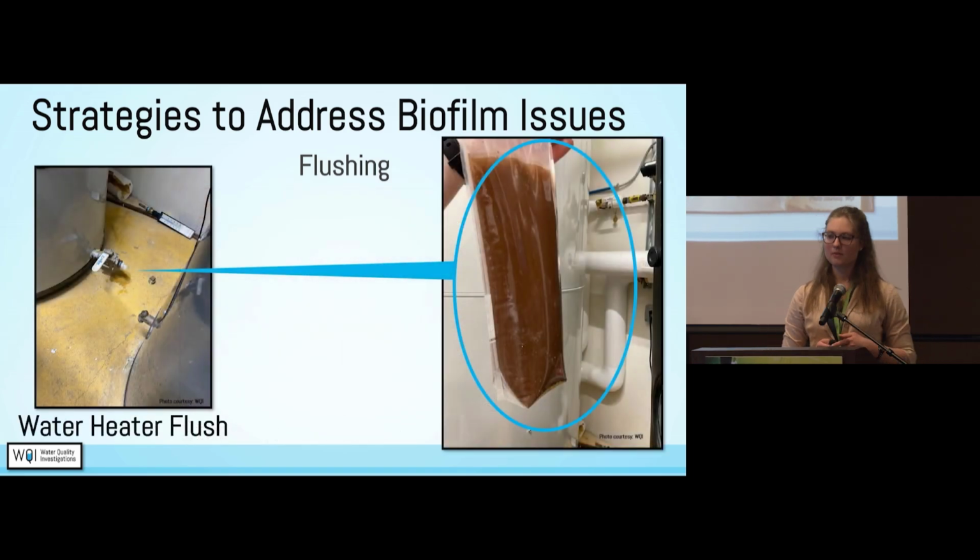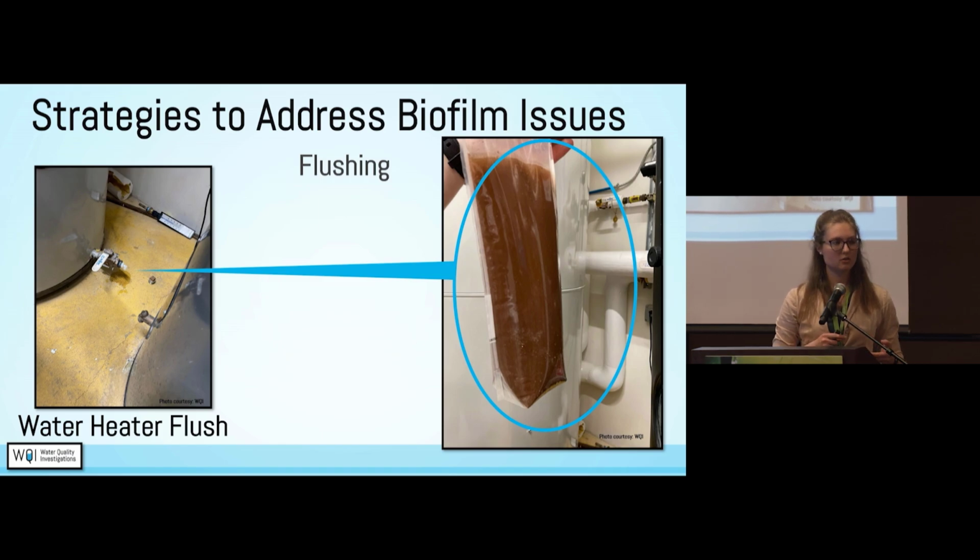Something else we like to advise is flushing water heaters. This was an instance where we were in a commercial building and they had some water heater failures in a relatively short amount of time. We were finding that because it's a hot environment, materials settle to the bottom. There's a lot of accumulation that happens. So this was the first liter basically of the flush of the water heater.